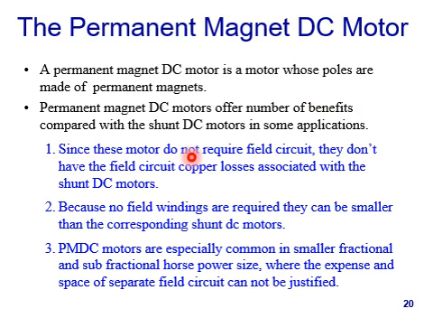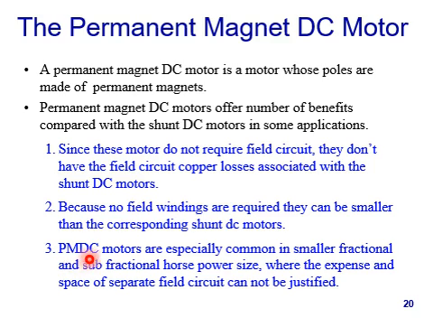Since these motors do not require a field circuit, they don't have the field circuit copper losses associated with shunt DC motors in other simple cases. Because no field windings are required, they can be smaller than the corresponding shunt DC motors. So this size is quite smaller than other shunt DC motors.